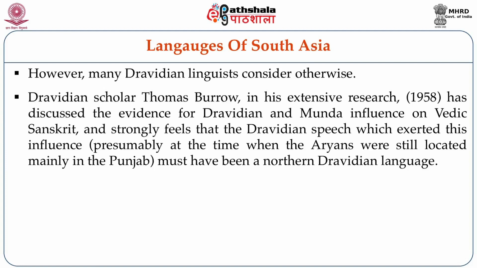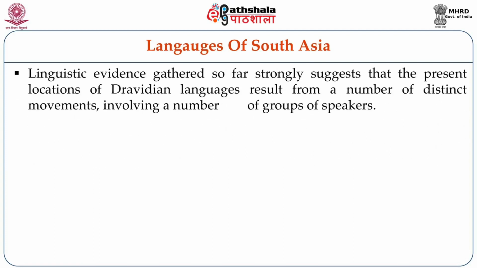exerted this influence, presumably at the time when the Aryans were still located mainly in the Punjab, must have been a northern Dravidian language. Linguistic evidence gathered so far strongly suggests that the present locations of Dravidian languages result from a number of distinct movements involving a number of groups of speakers.